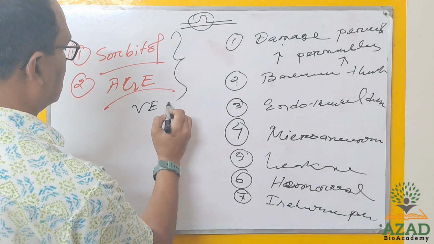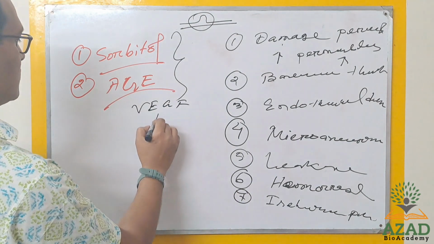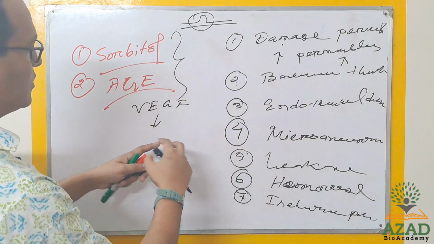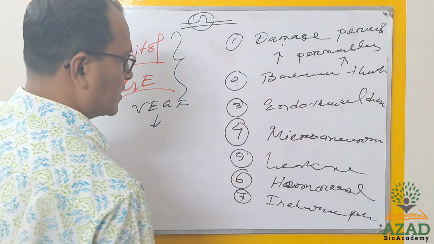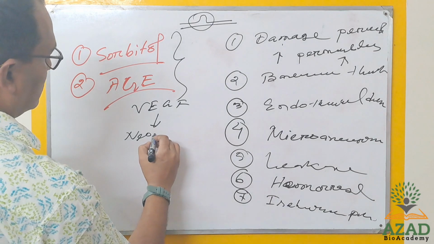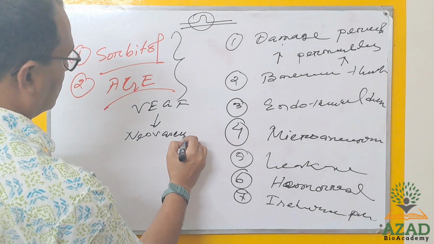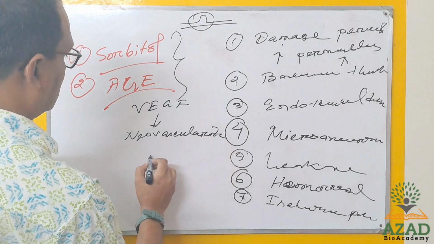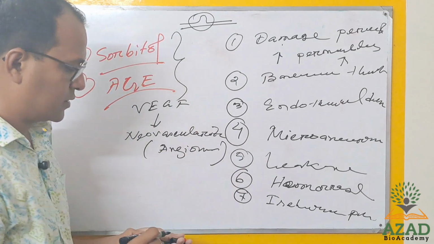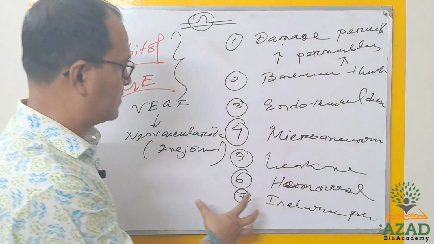Vascular endothelial growth factor. Then what will happen? It will activate the blood vessel to produce more blood vessels. Okay, that is neovascularization. That is angiogenesis.